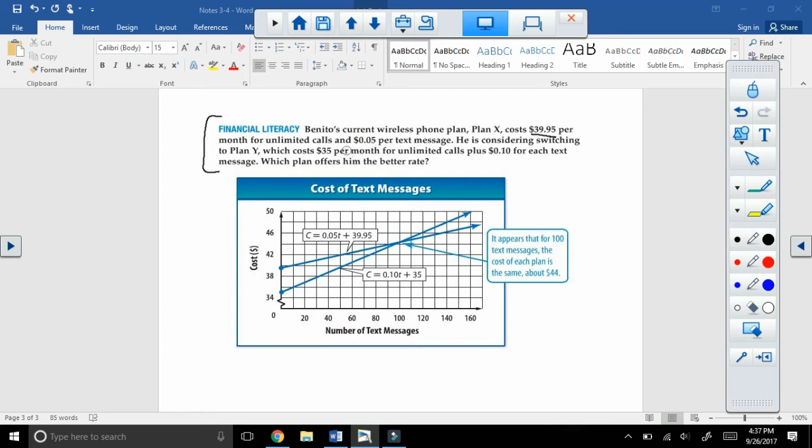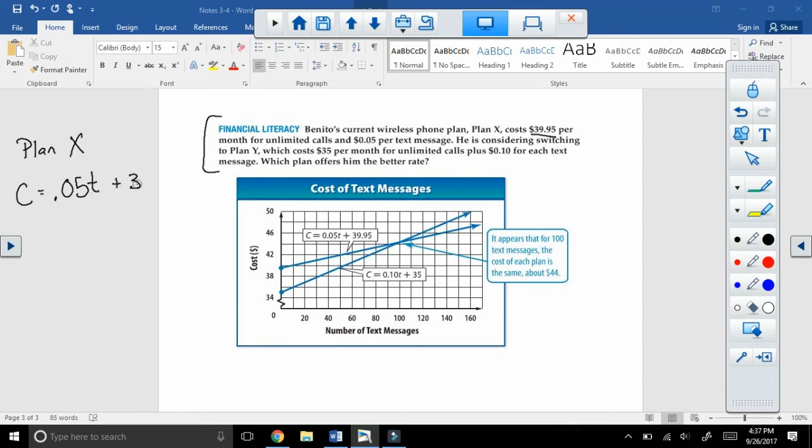So let's go over these. The cost of this first plan, I'll write over here, Plan X. The cost per text would be like your slope. They're using C instead of Y, and that doesn't really matter. It would be 5 cents, and they use T for text instead of X, but again, that doesn't really matter.